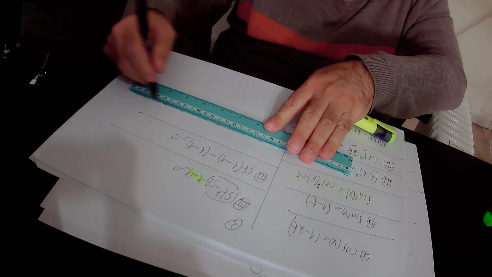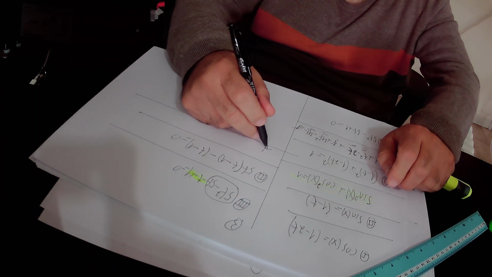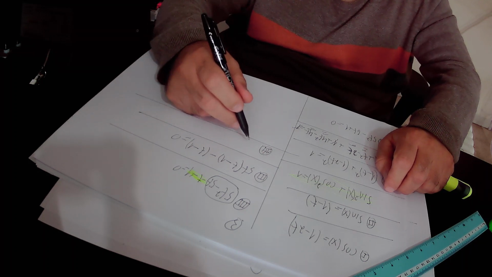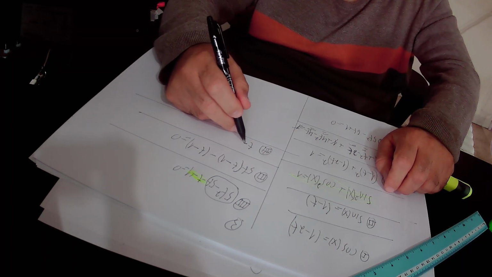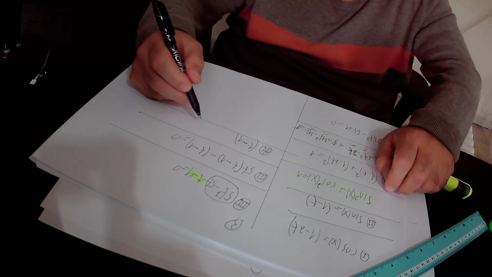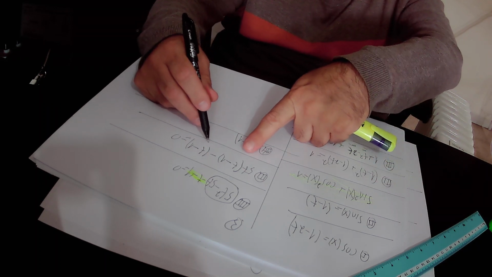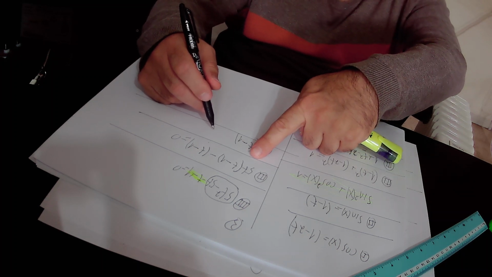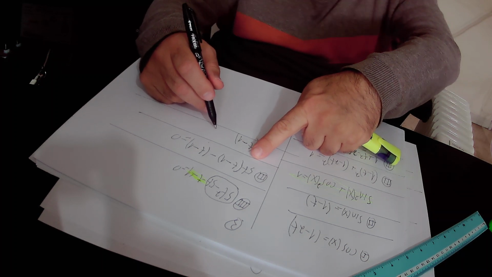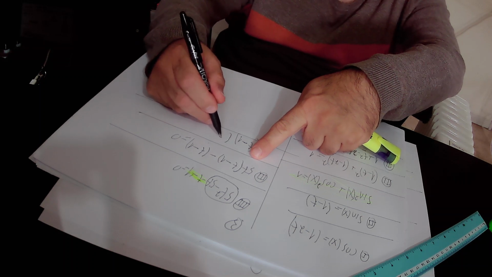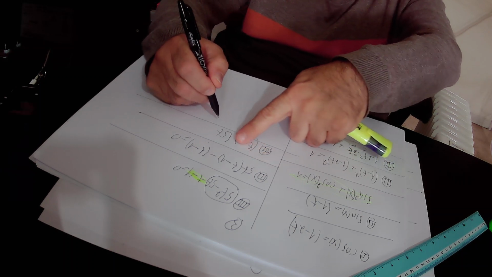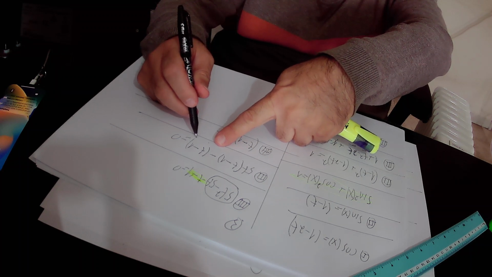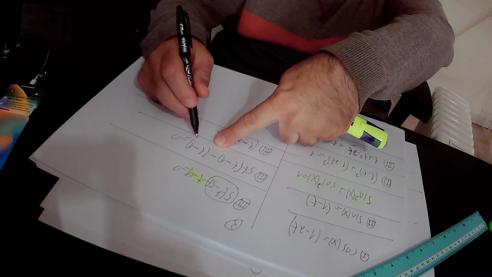In the next step, we take out a common factor of t minus 1 from those two expressions. So what is left from 5t times t minus 1 after we took from it t minus 1 as a common factor? What is left is actually 5t. And what is left from minus t minus 1 after we took from it t minus 1 as a common factor?